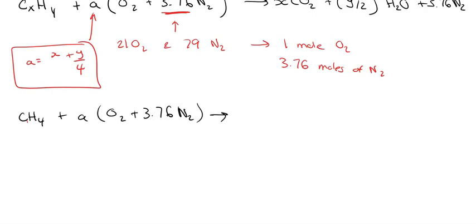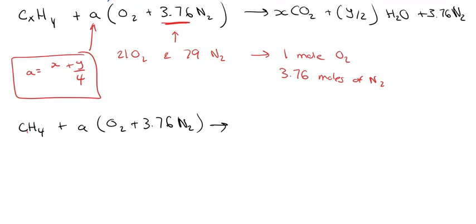We don't write the 1, obviously, but we would say that we have 1 in front of the CO2. And then our Y value is 4. 4 divided by 2 is 2, so we have 2H2O. And then, I think I made a mistake over here, it's 3.76A for the N2.